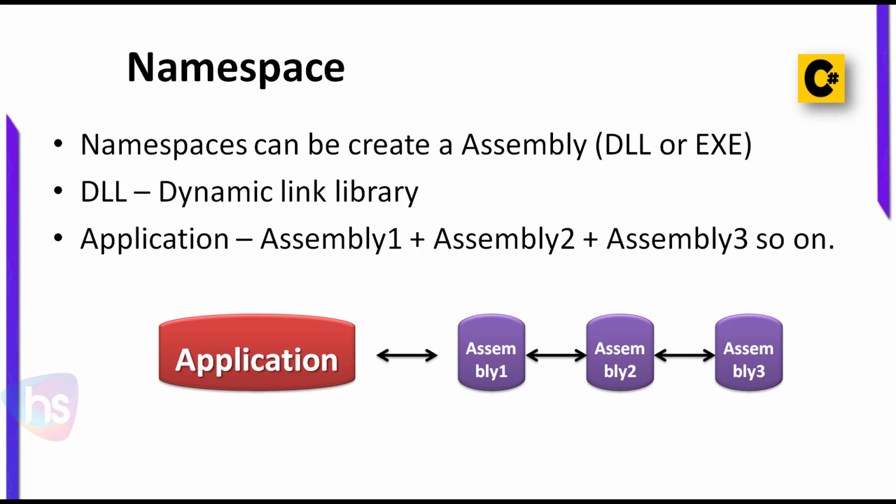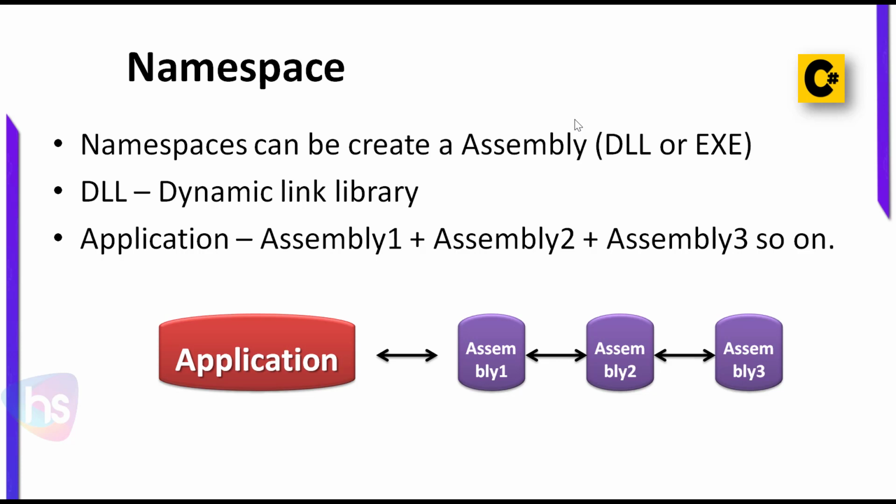By integrating all the classes, we call it a namespace. These namespaces can be created as an assembly, a group of namespaces. At the end of the product, we take it as an output. When we create an application, all these assemblies, assembly 1, assembly 2, assembly 3, and so on, are integrated into the application.